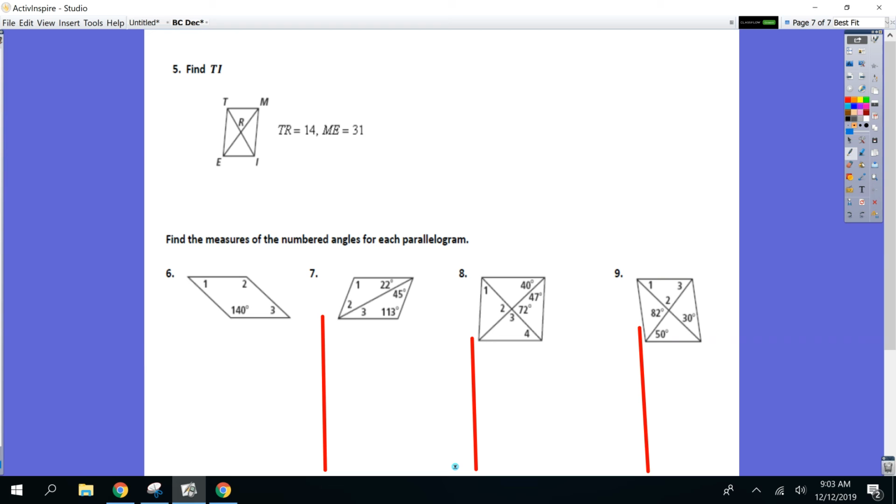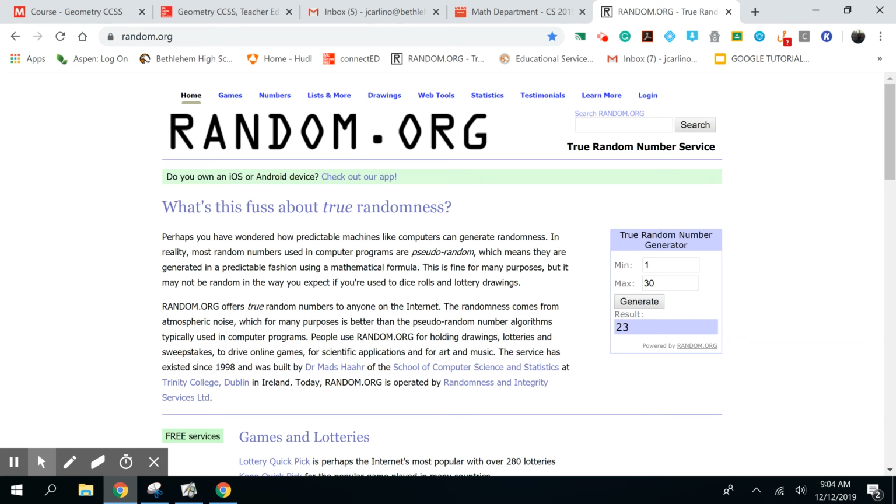Find TI. You don't have to give me a theorem here. Whew, thankfully. How do I find TI given those values? Think I can get a little help from 6.